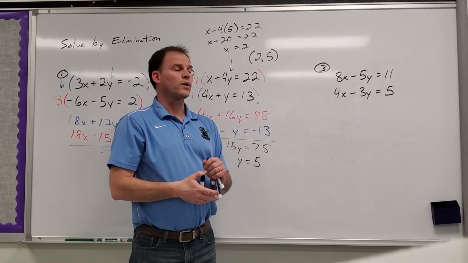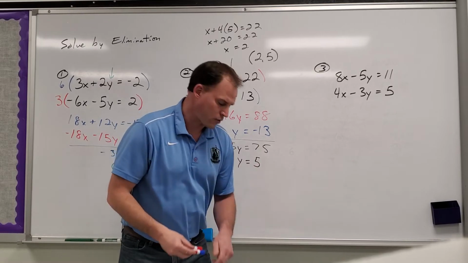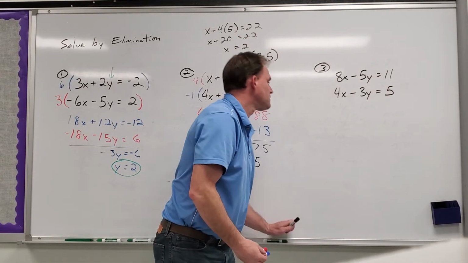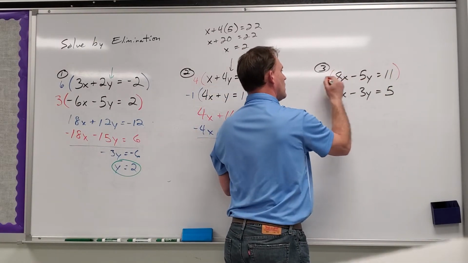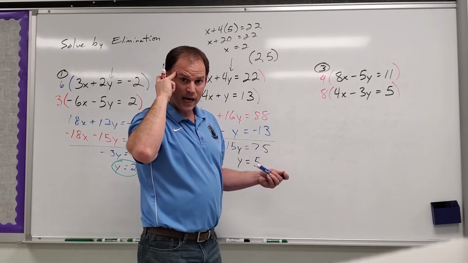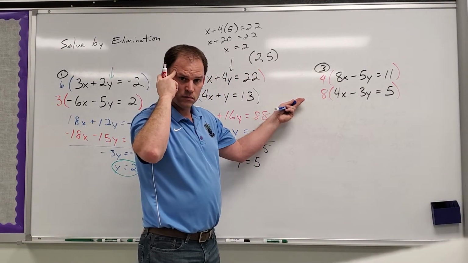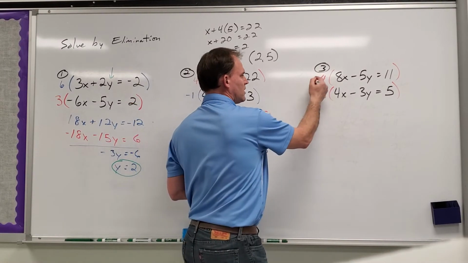All right, number 3. What are we going to do to multiply number 3? All right, so 4, 8, mentally check. Does that work? No. Where do you want to put the negative? Yeah, I'm going to put it on the top. I don't know why.